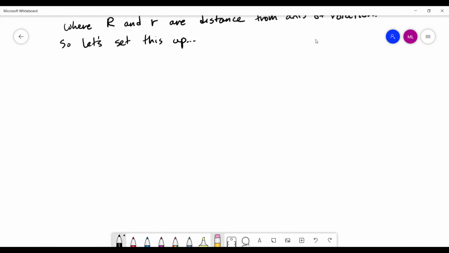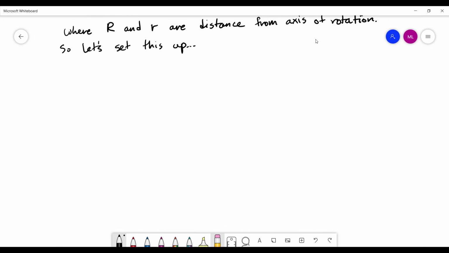So let's keep that in mind. To set this up, we're looking at an integral that's going to be basically the following. All I need to know is what are my 2 radii. So for us, what is capital R of x and little r of x?